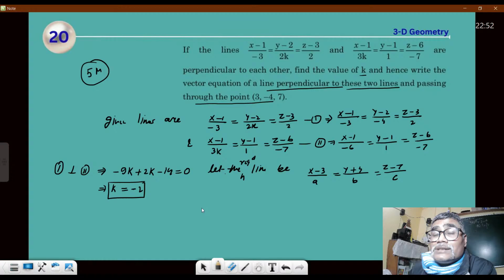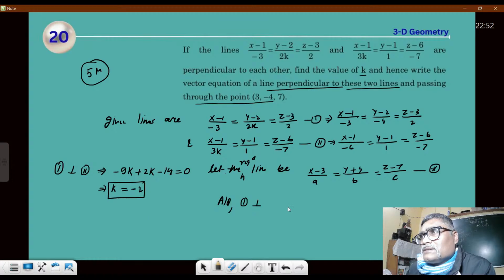So you can use the conditions, right? According to the question, this is star. 1 is perpendicular to star. We can use the vector product also, b1 cross b2, and then use them as the components of a, b, c.